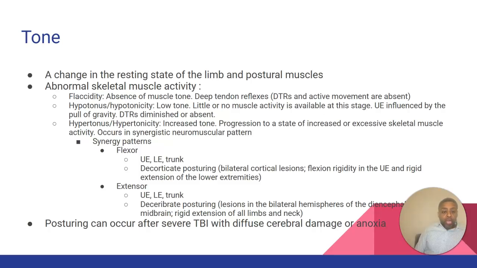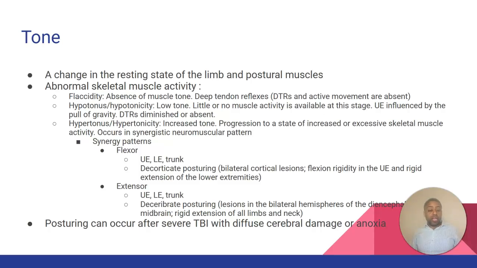Right. So now this hypertonicity can occur in synergy patterns, flexor synergy and extensor synergy, right? In flexor synergy, there's something that's called decorticate posturing. And that's oftentimes seen in early stages of traumatic brain injury. It's flexion of the upper extremities and then rigid extension of the lower extremities.